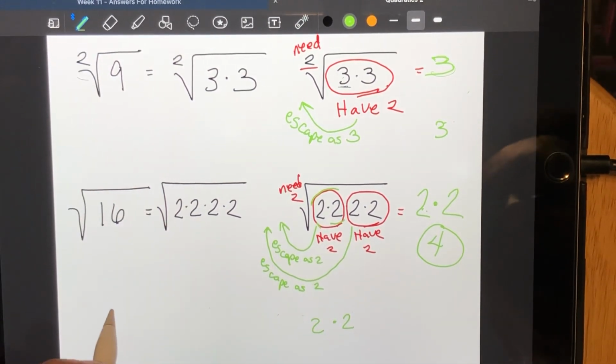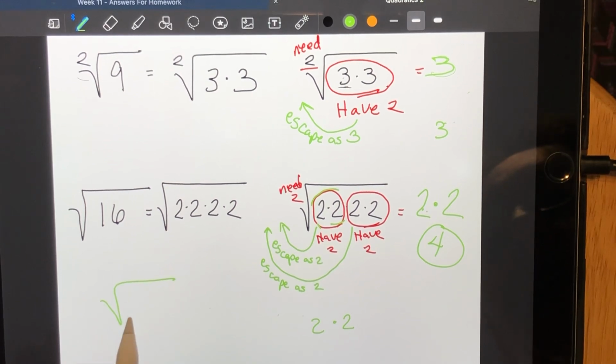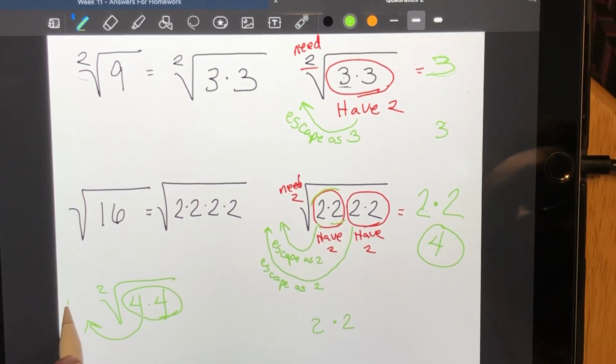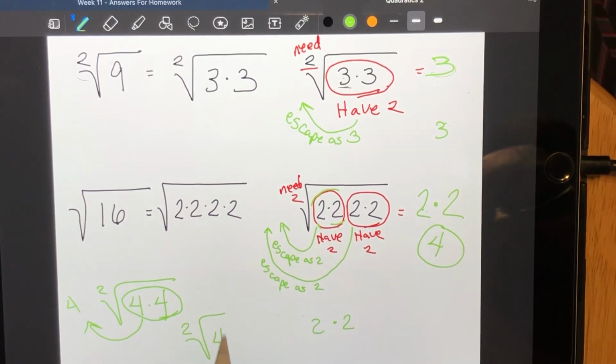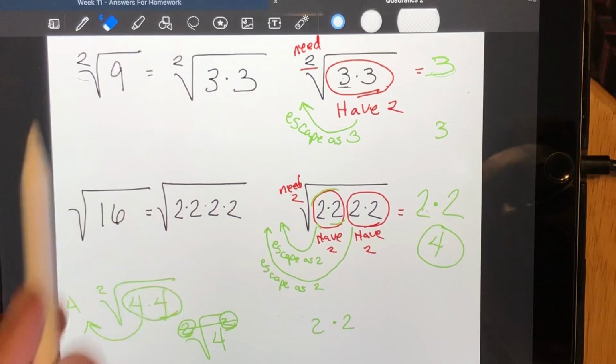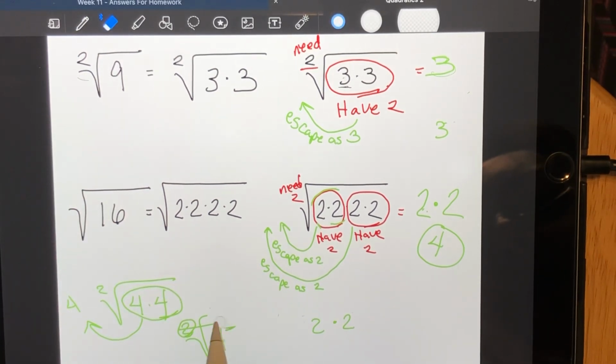I could have also written this as 4 times 4. The whole thing escapes as a 4. I could have also written it as the square root of 4 squared. My root matches my exponent. When my root matches my exponent, the entire thing goes away, and I'm simply left with the base.